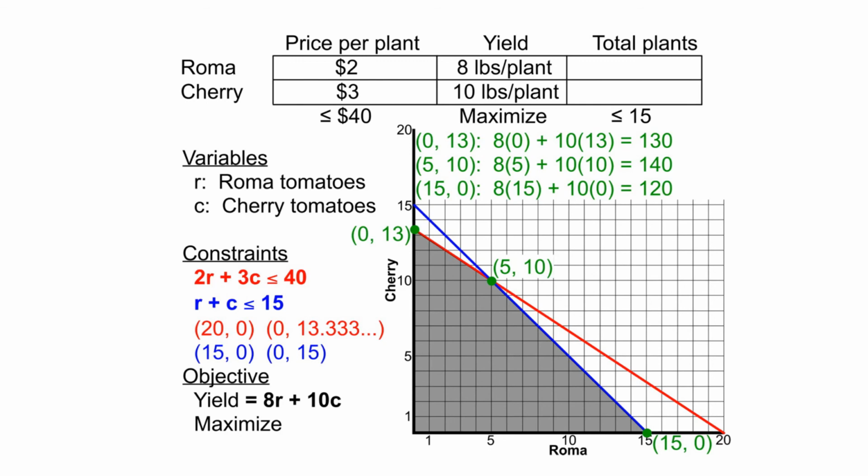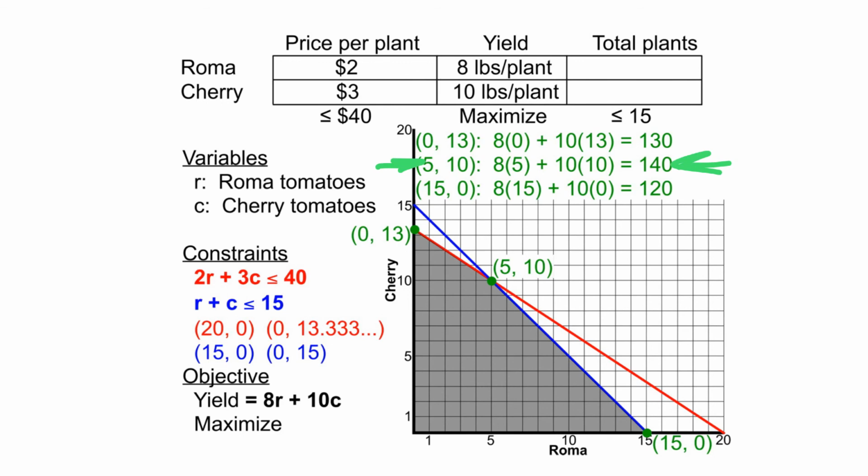Am I looking for the biggest or the smallest number? The biggest, yeah, because remember we were told to maximize. That's why I wrote maximize down there. So we'd remember, hey, I'm looking for the maximum number out of those 3. So that means 140 gave me my highest number. That means that the point 5, 10 that I plugged in to get it is my best point.